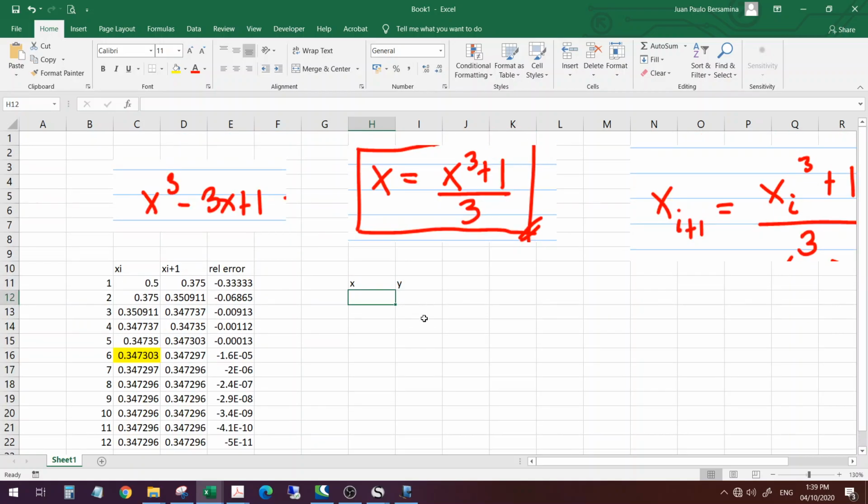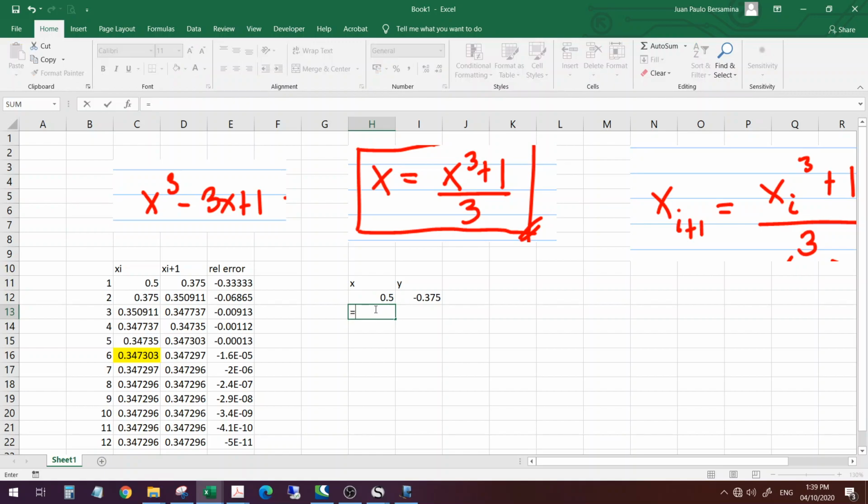Okay, if we plot this equation, this is x, this is y. Say if x is 0.5, y equals x cubed minus 3x plus 1. There.